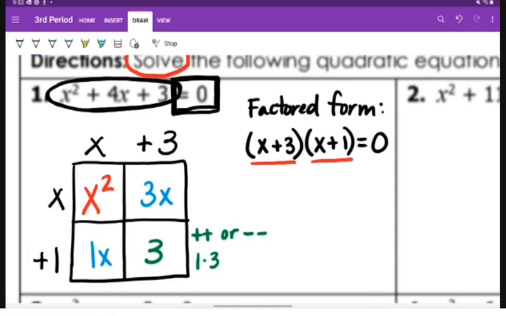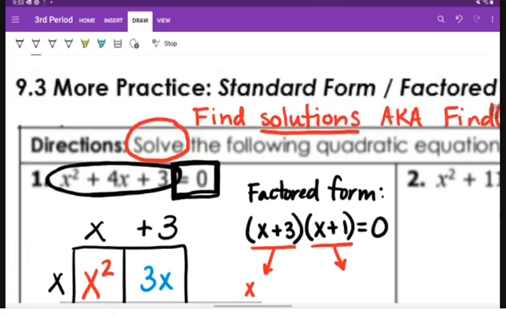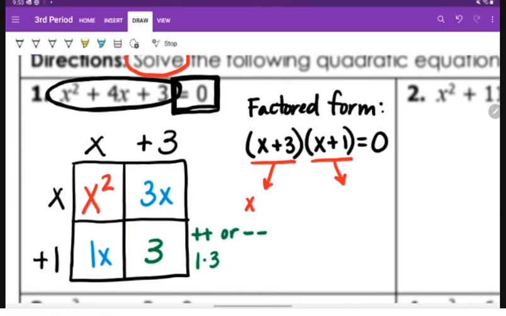We don't know which one has to be 0, so we split it up into 2 separate possibilities. It could be the first factor that's equal to 0, or it could be the second factor that's equal to 0. So we're going to split this up into 2 separate little equations.